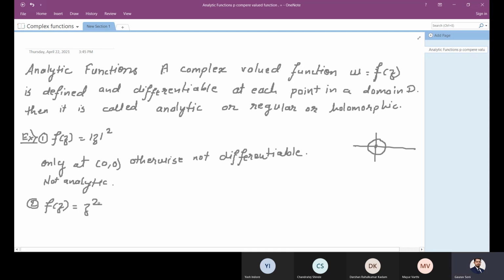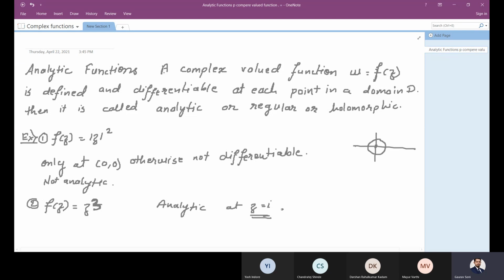For this, we saw that yes, it is differentiable at z is equal to I. If you take any neighborhood of I, your function will be defined and differentiable. So I can say that it is analytic at z equal to I. So this is the meaning of analytic function.